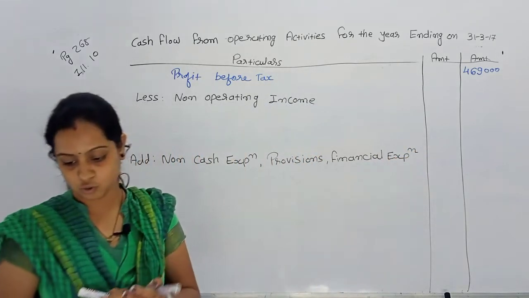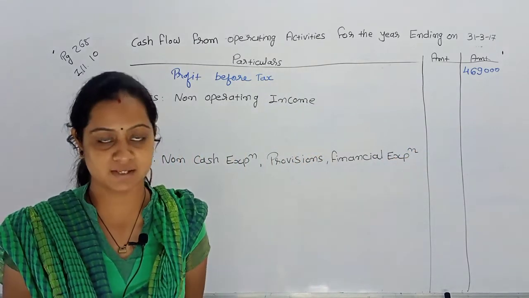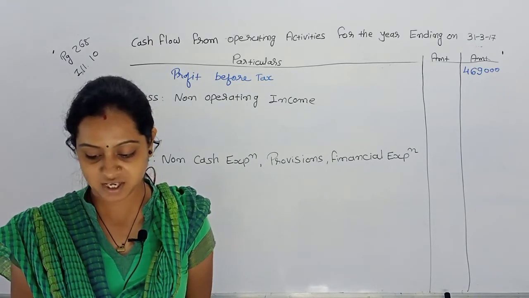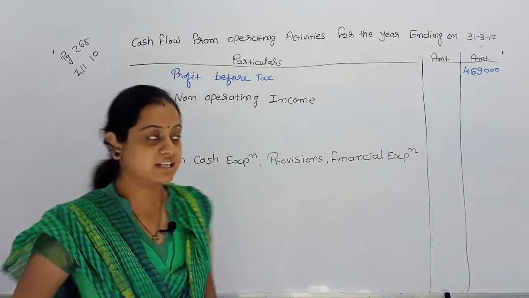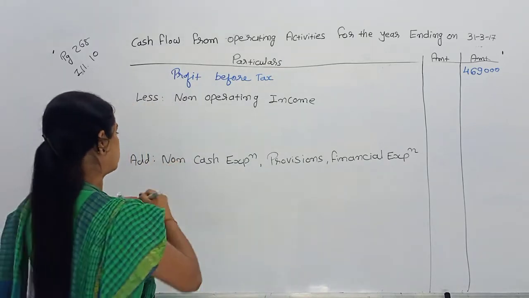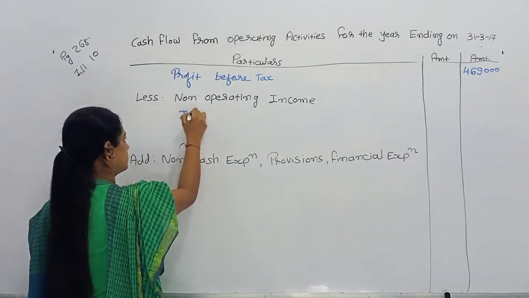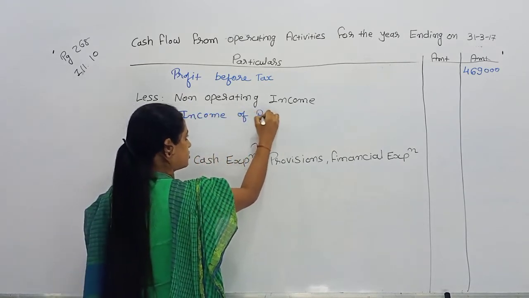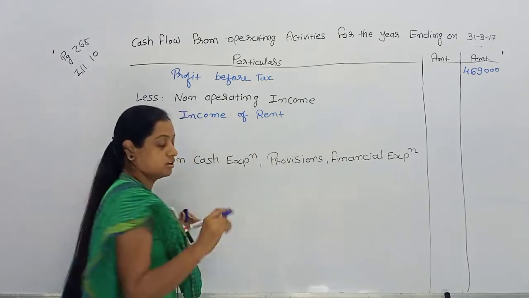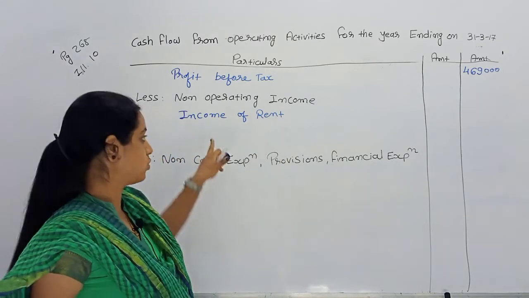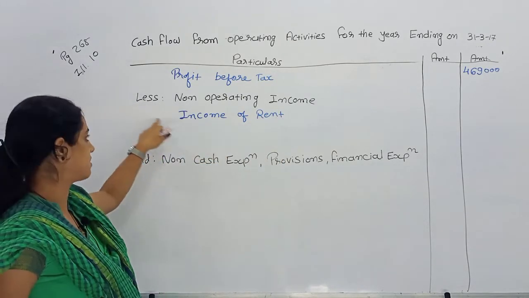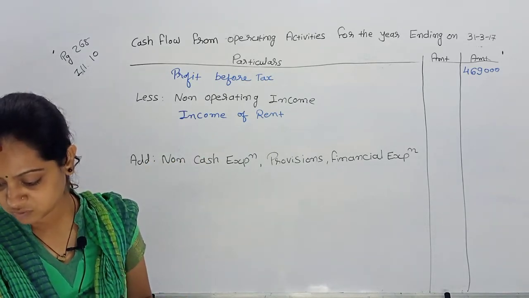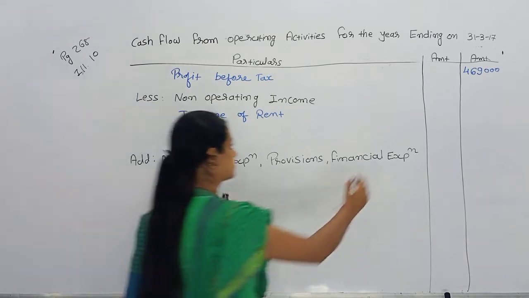Right? So first is revenue from sales. We are not writing it anywhere. Then the second one is income of rent. That is non-operating income, so we have to write income of rent, because rent is our investing activity, so we do not write it here, that's why we are lessing it. Amount is 60,000.